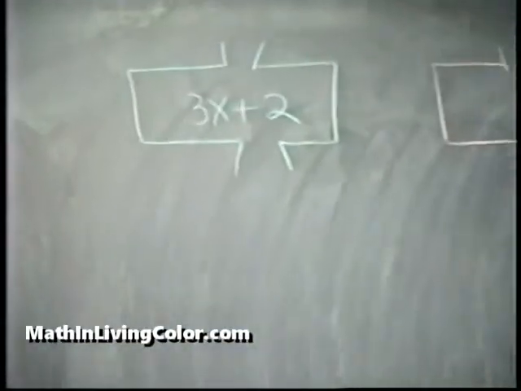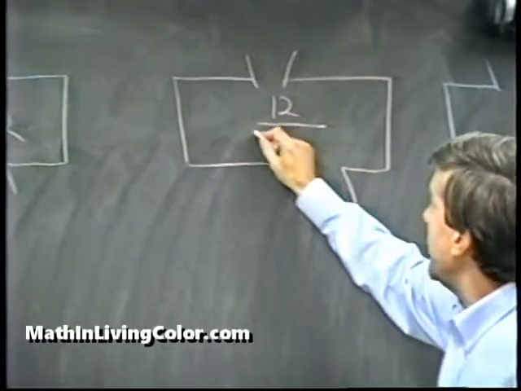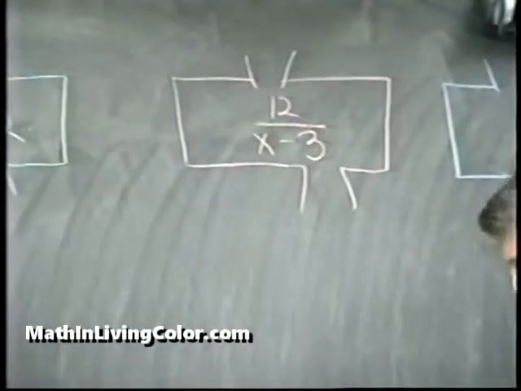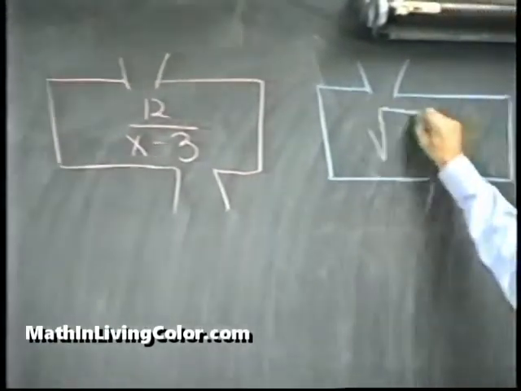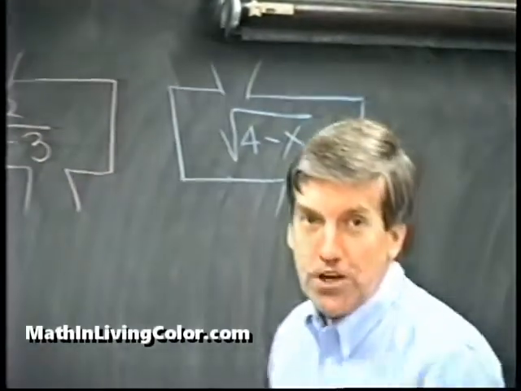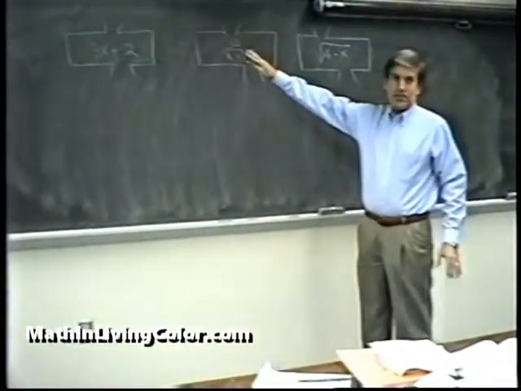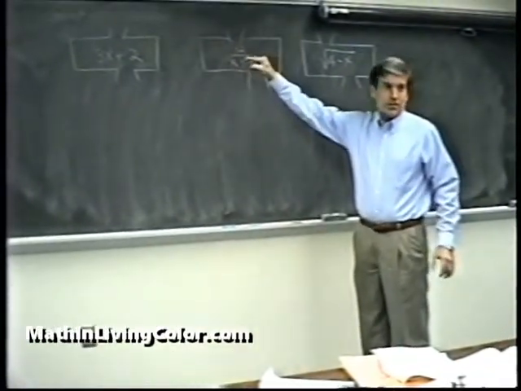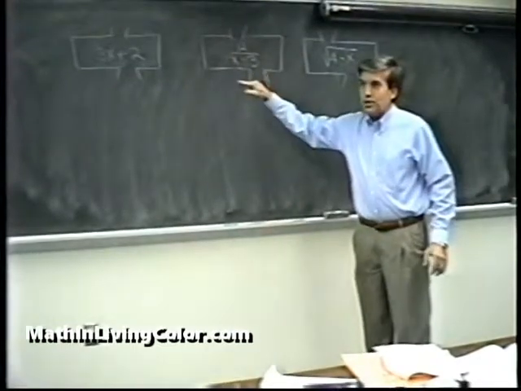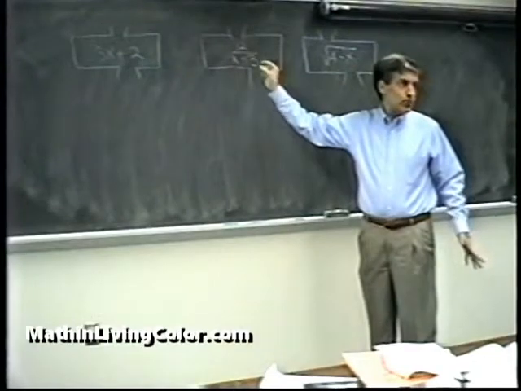The second one says 12 divided by x minus 3, and the third one says the square root of 4 minus x. I want you to notice about these function machines that I've drawn on the board, each of the machines has an input, each of them has an output, and each of them has a formula, doesn't it?